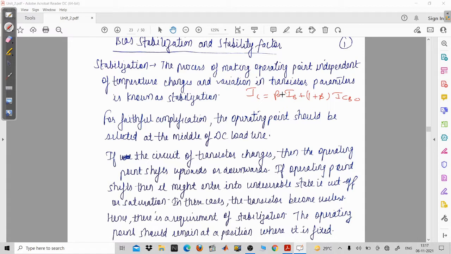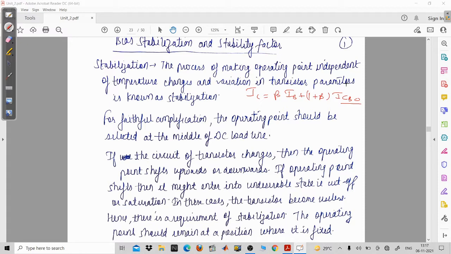It means that if beta varies, then the IC is also varying. So IC will either shift upward or shift downward, and in that case your operating point is going to be unstabilized.